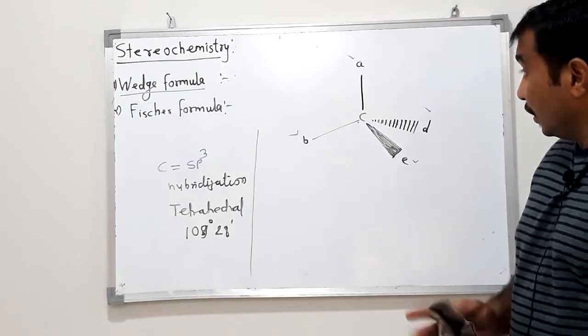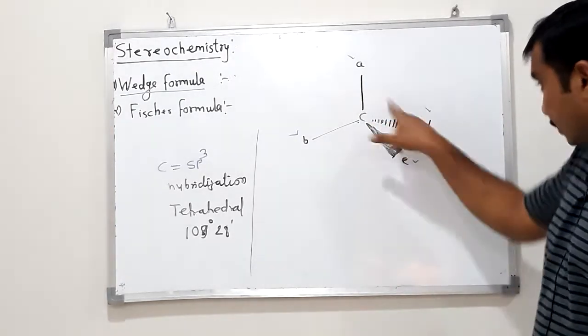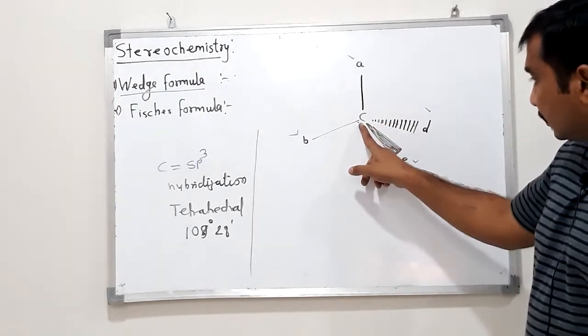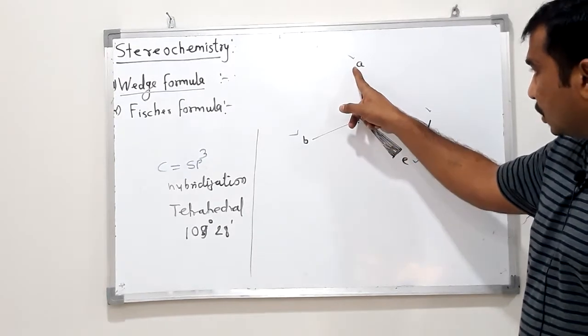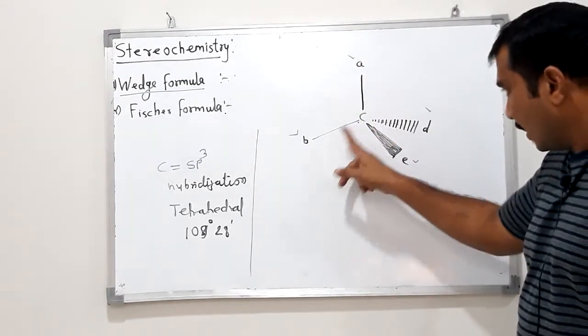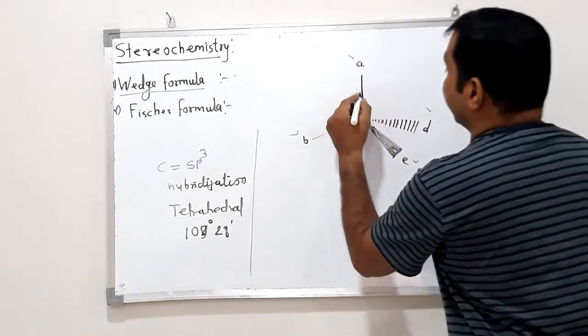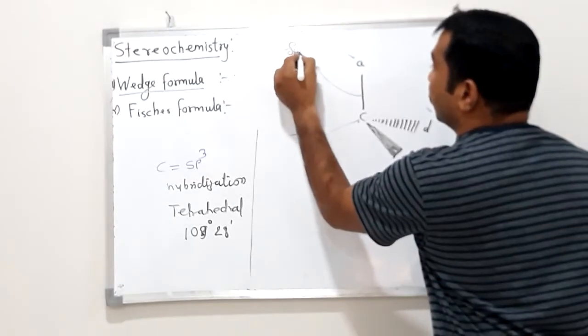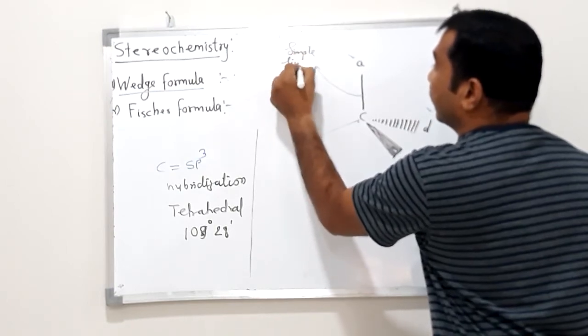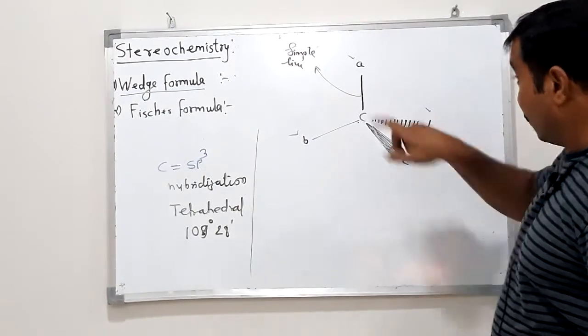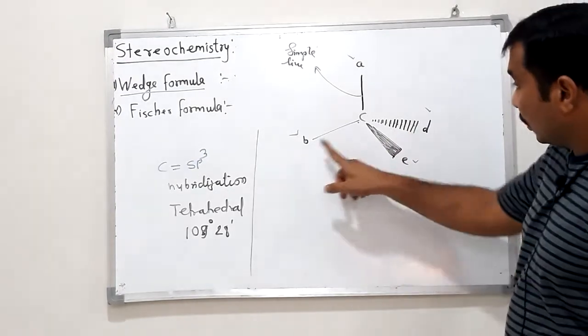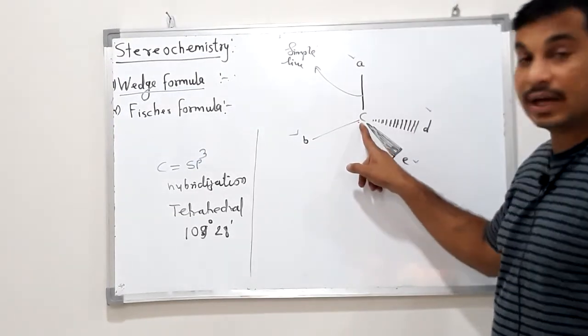Now if we carefully observe this structure, you will find this carbon is attached to substituents A and B by a simple bond. This bond is a simple line. So among these 4 substituents, only A and B are attached to this carbon by simple lines.